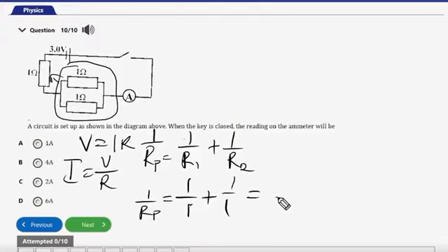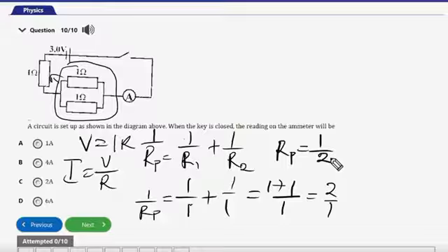So guys, the LCM of 1 over 1 is 1, and then 1 here is 1, then times this is 1, then 1 here is 1, then times this is 1 again. So this will be 2 over 1. So if 1 over RP is 2 over 1, then RP is going to be 1 over 2.